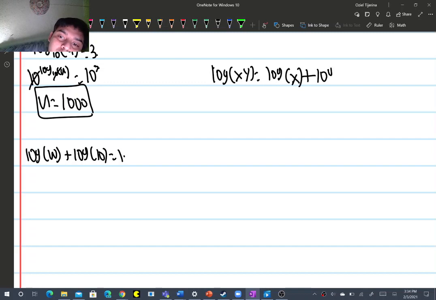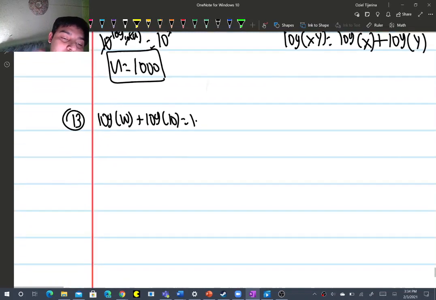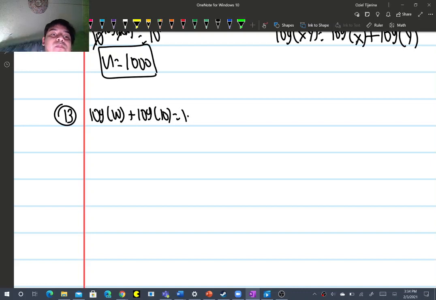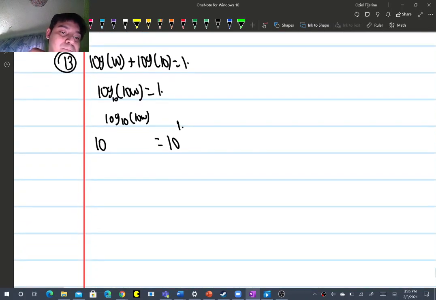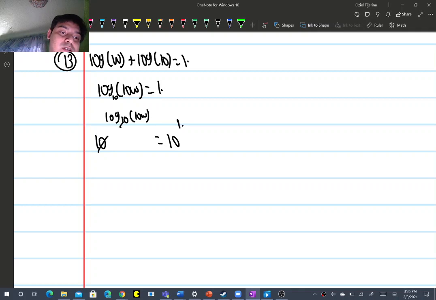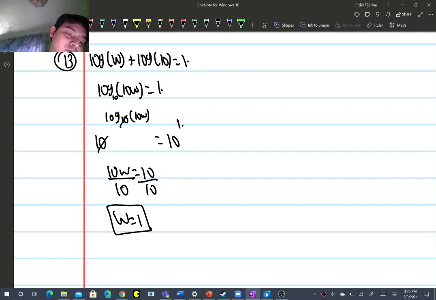So here you have log of 10w equals 1. Now, know that you have a base of 10, so you're going to say 10 to the log base 10 of 10w equals 10 to the 1st power. That means that 10w equals 10, so if you divide each side by 10, you get w equals 1, and that's your answer.